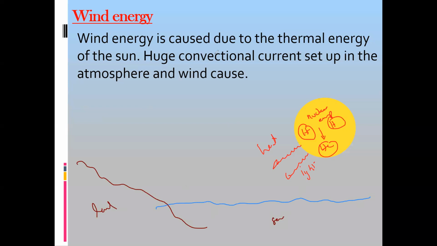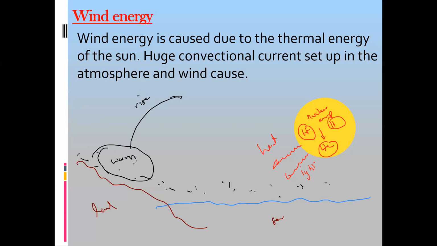So when we receive that heat and light energy on our planet, because the land cannot absorb too much energy due to its smaller capacity, the air above the land will become warm, and as it becomes warm, it will rise.